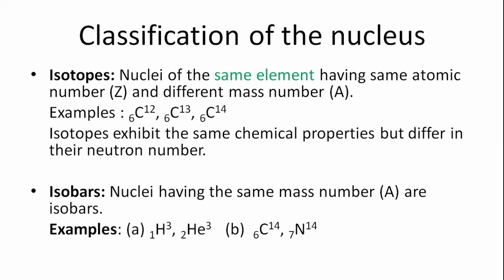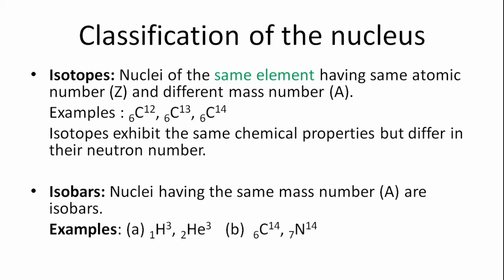Now let us move on to what isobars are. Nuclei having the same mass number are called isobars. Let's say I have a hydrogen isotope 1H3, that nucleus is called tritium, and I also have an isotope of helium, 2He3.